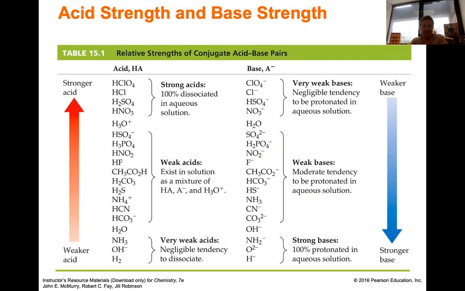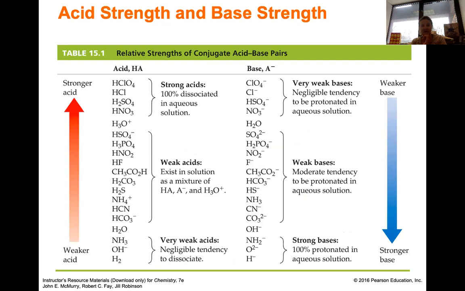And this just shows you some of those acids and their relative strengths. On the left-hand side, the strong acids are at the top, the weak acids are at the bottom. And on the other side, the base of a strong acid is always a very, very weak base.